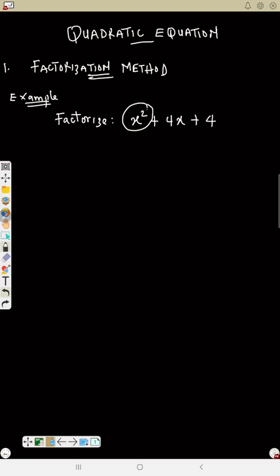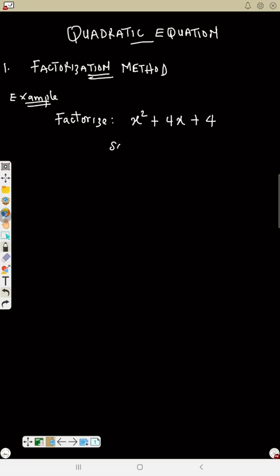This is the first term, the second term, and the third term. The coefficient of x squared here is 1. That means if I write 2 here, the coefficient of x squared is 2. If I write 3 there, the coefficient of x squared is 3, like that. But the one we are doing now has coefficient 1.